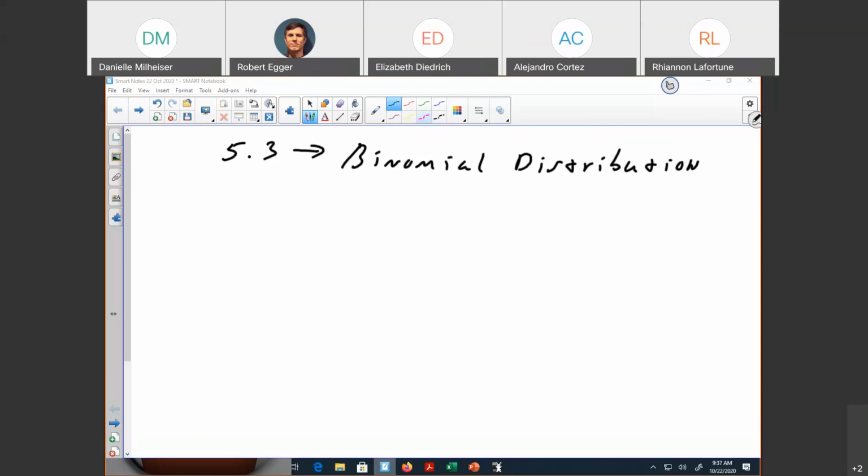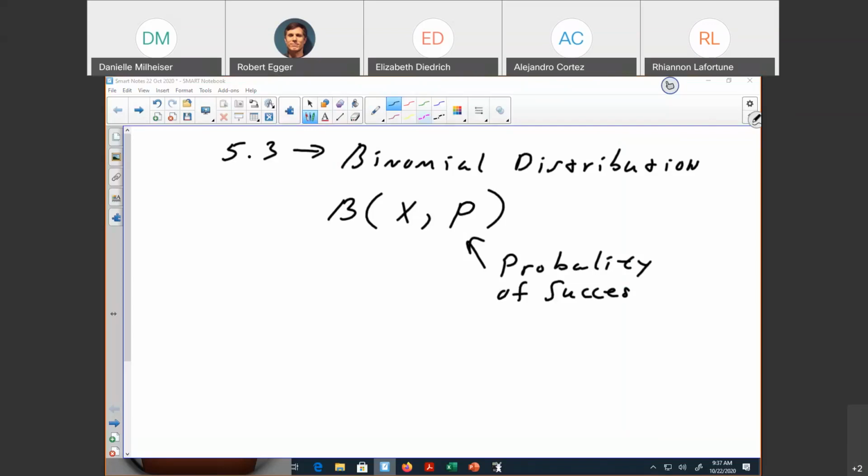And shorthand notation for that is going to be B for binomial, X, P. Well, P is the probability of success or failure, depending on what you're looking for.